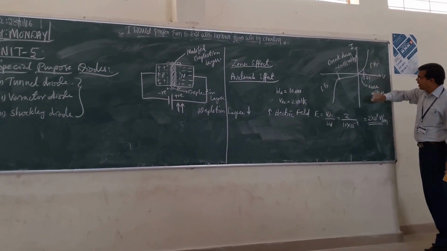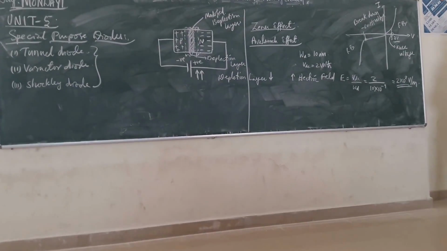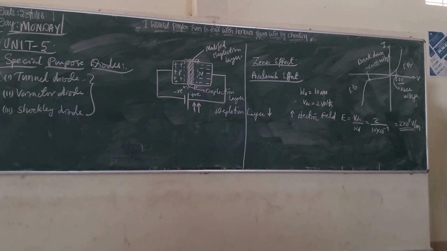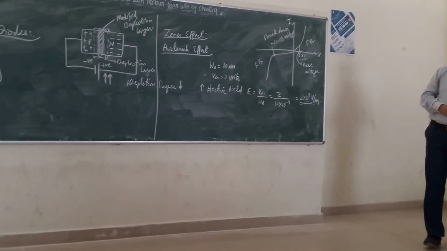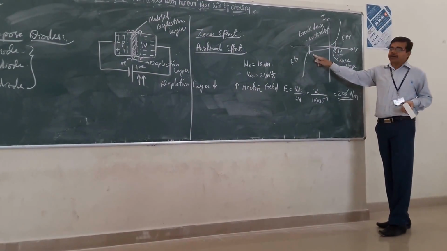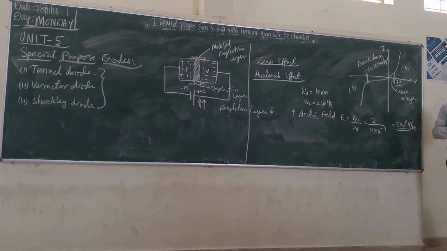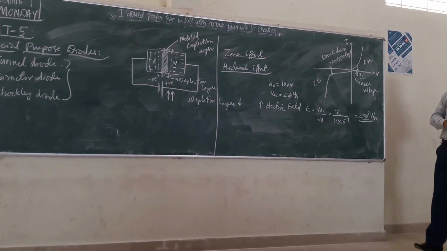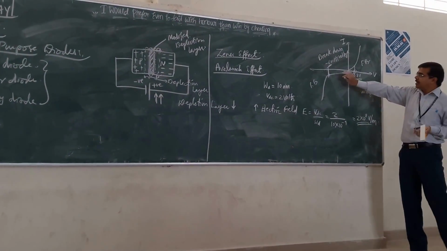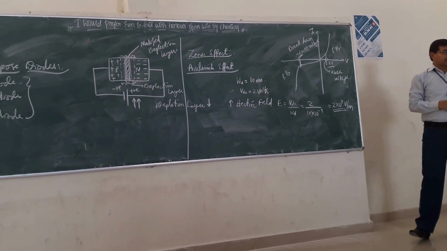In forward bias you have the knee voltage, for example for the silicon type. With a small increase in voltage, if you get a sharp increase in current, that is called the breakdown voltage. If the breakdown occurs before 6 volts, it is because of the Zener effect.